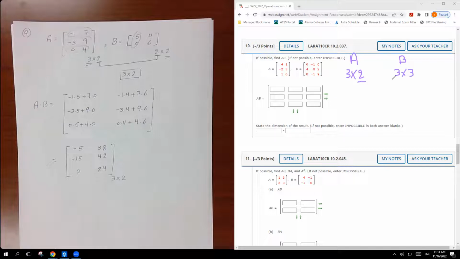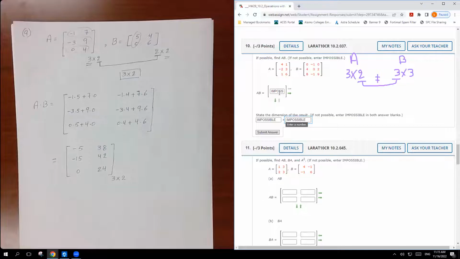So check these two numbers. These two numbers are not equal. That means we can't do the multiplication between these two matrices. So you're just going to type impossible, impossible, and impossible.